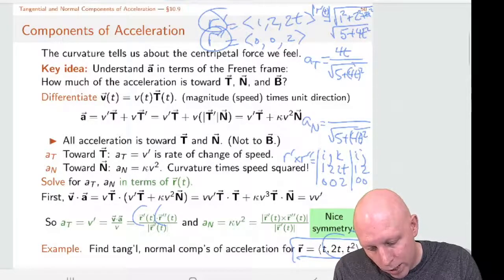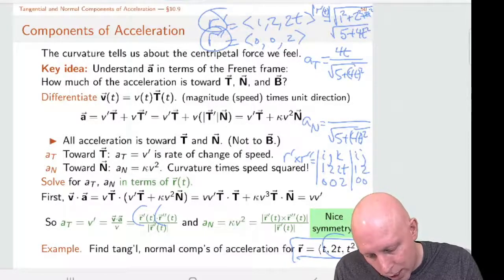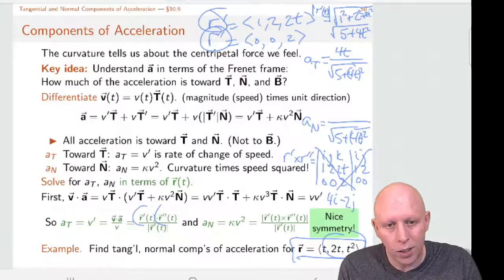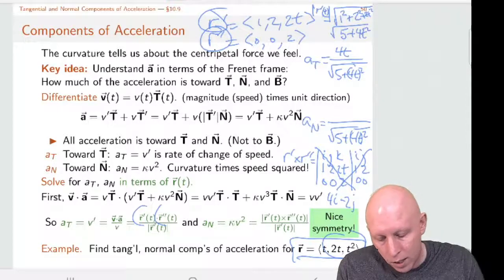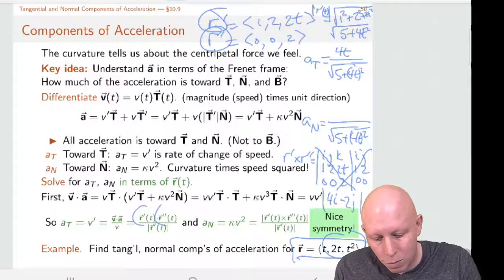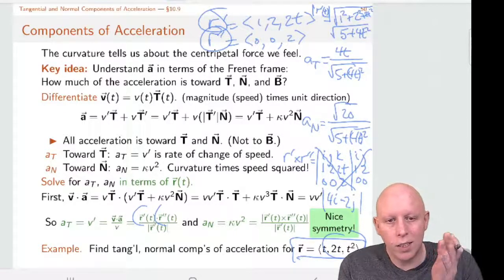If we do down, down, down, minus up, up, up, we see all we have here is 4i in this direction, and we have minus 2j in the other direction. And so the length of this vector is the square root of 16 plus 4, so square root of 20. So that's the acceleration in the normal direction.